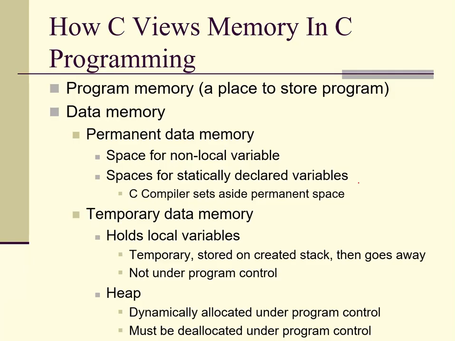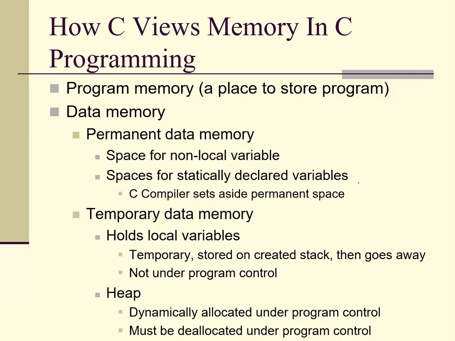The permanent memory is storing space for non-local variables, which I call global variables. I don't know if there's that concept in higher level languages, but for C programming, we have the concept of local and global variables. Global variables are permanent in memory.